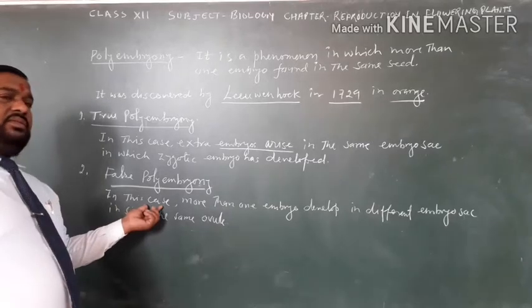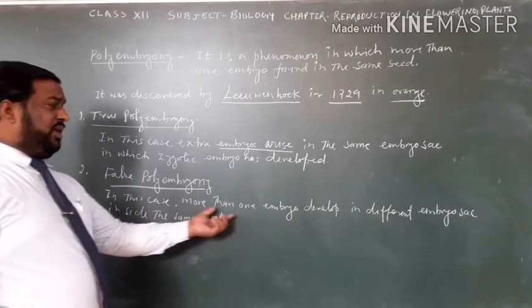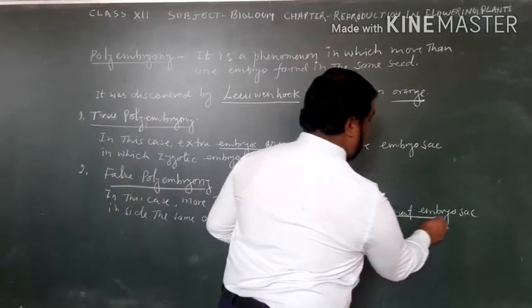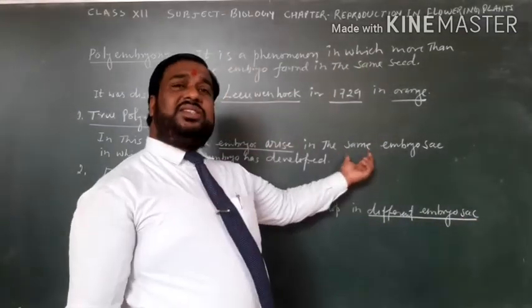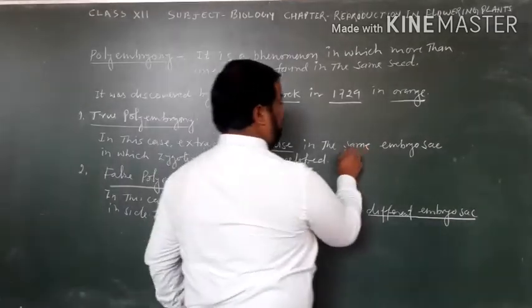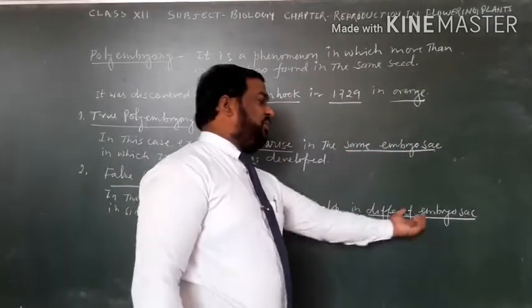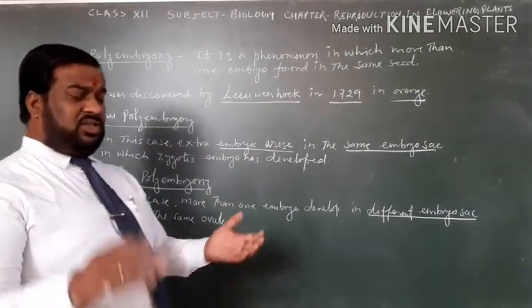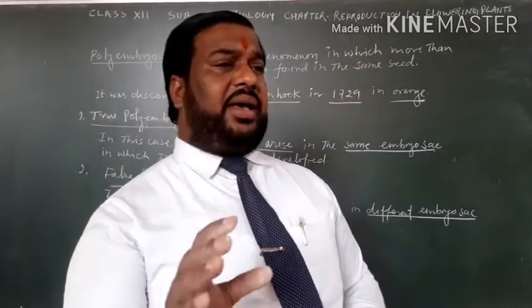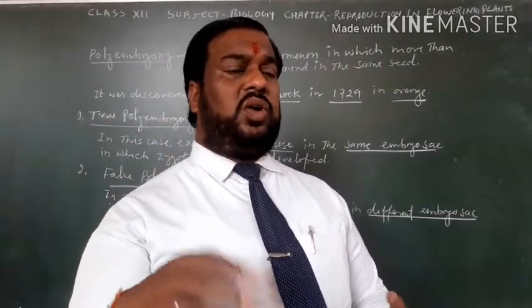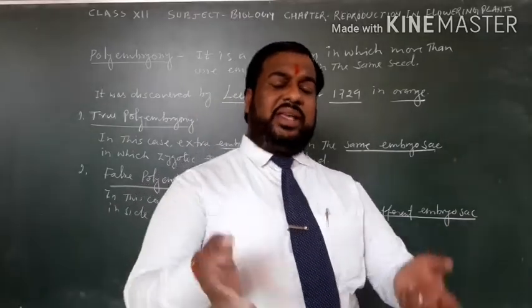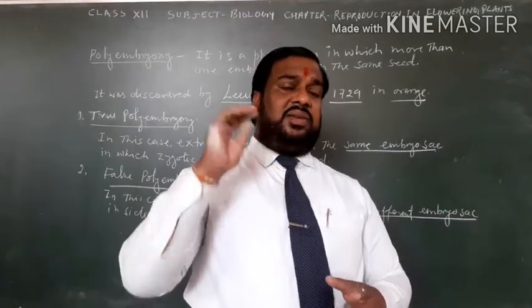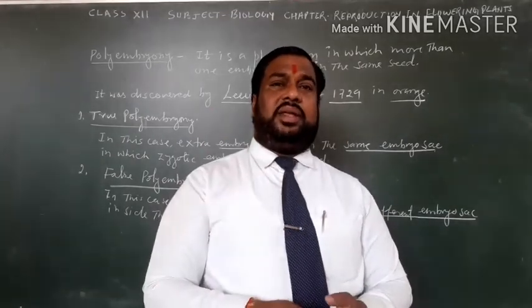In this case, more than one embryo develops in different embryo sacs inside the same ovule. Means one ovule has 2 or 3 embryo sacs, where each embryo sac develops embryos.